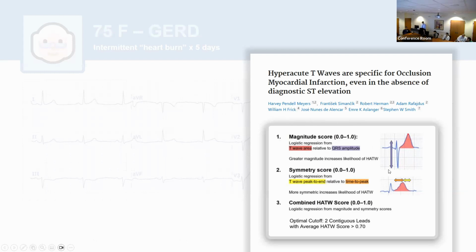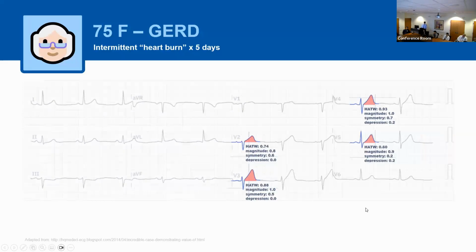They perform a logistic regression on this, and then add to that what they refer to as a symmetry score, and apply logistic regressions to all of these, ultimately yielding a hyperacute T wave score. They found that when the hyperacute T wave score was greater than 0.7 in 2 contiguous leads, it was highly suggestive of an OMI.